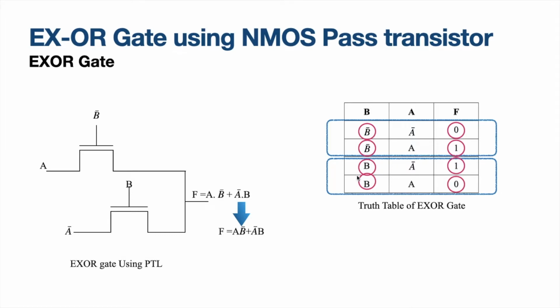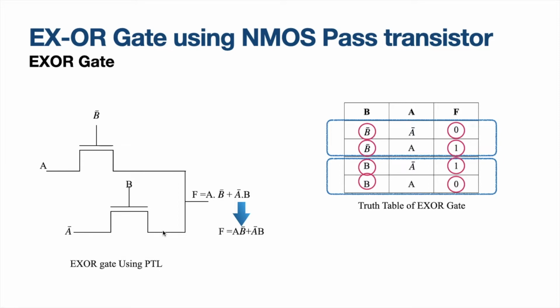So, whenever you have the control signal B, we need inverted values of A to be present at the output terminal. Therefore, your control signal could be B and the input should be A bar. So, when you have the control signal B enabled, obviously whatever is in A bar will be passed to the output.